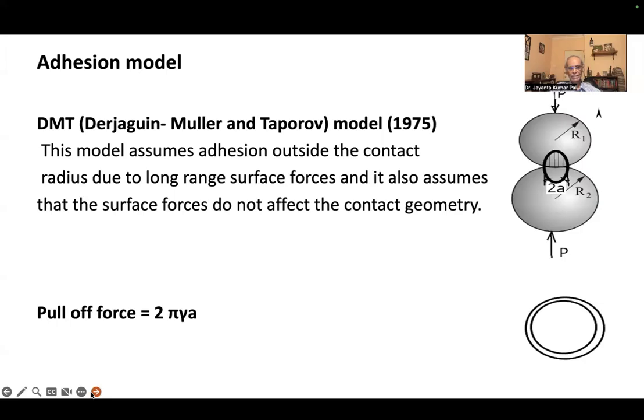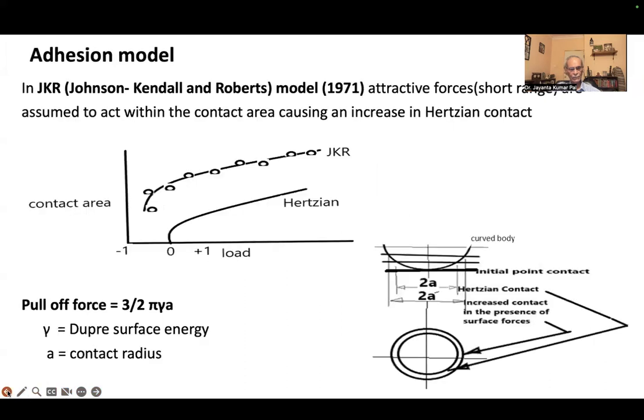And they have their reasons, obviously, but we cannot go into the detail of the calculations. But the total pull-off force, according to their equation, is 2 pi gamma A.